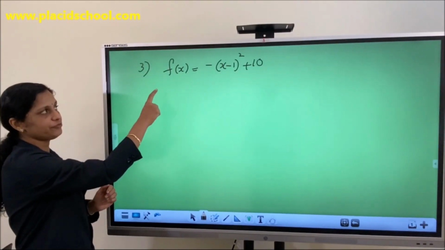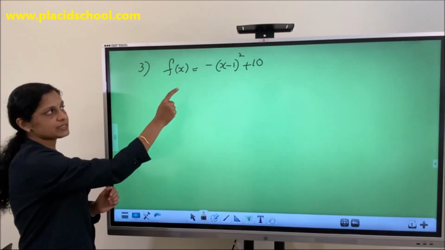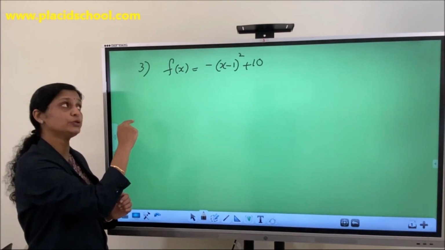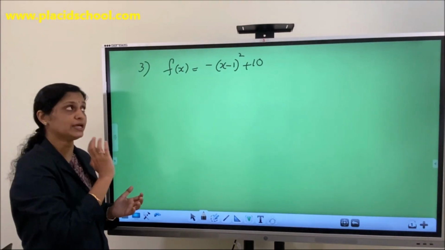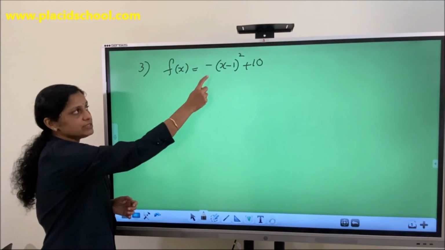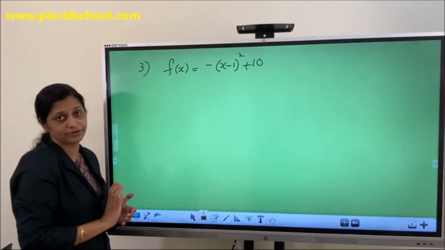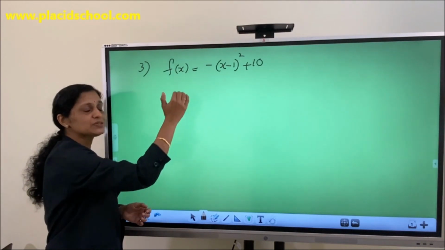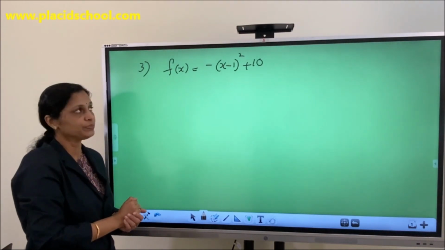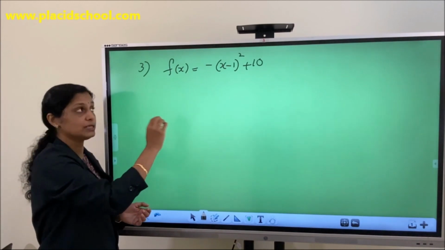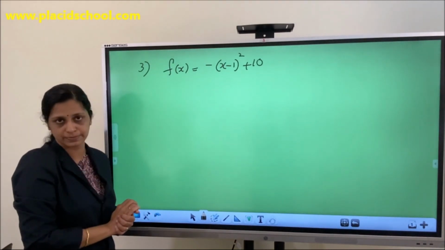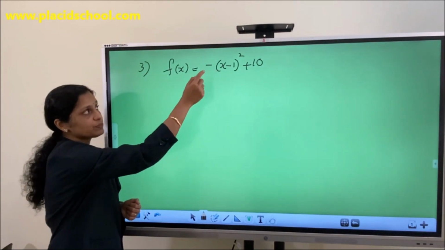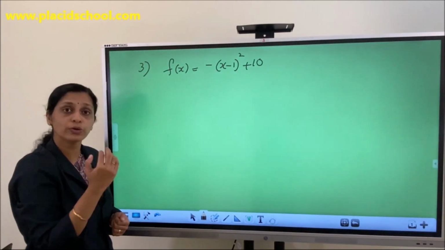Next question: f(x) = −(x − 1)² + 10. We need to find its maximum value and minimum value if they exist. Look, the first term is minus of a perfect square. Because of the presence of this minus symbol, its value is decreasing. That is, 0 is the maximum value of this term. We know that (x − 1)² is always 0 or positive.